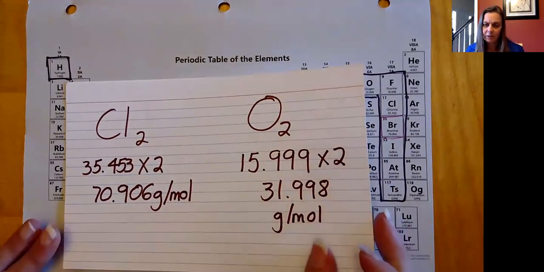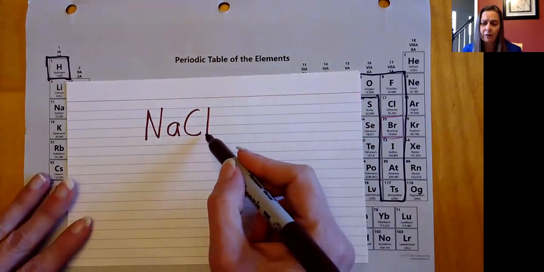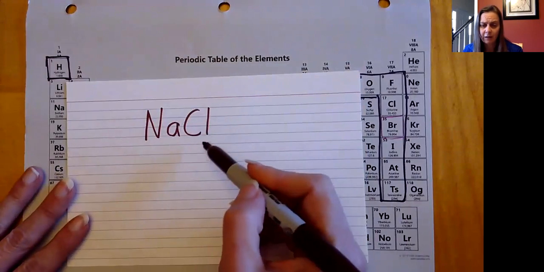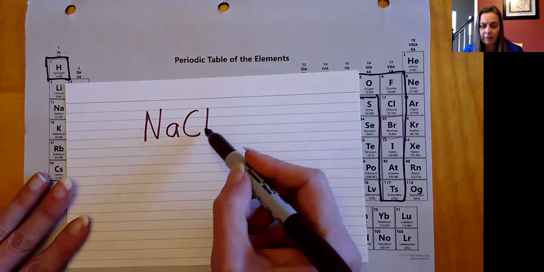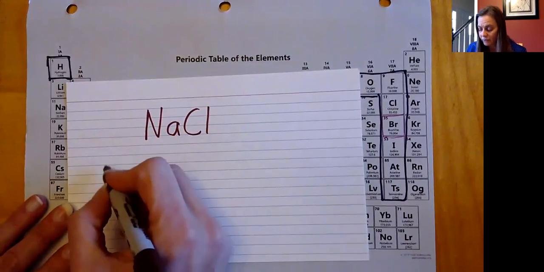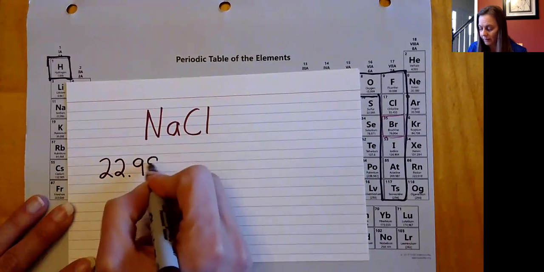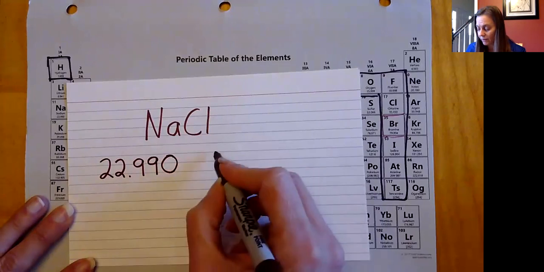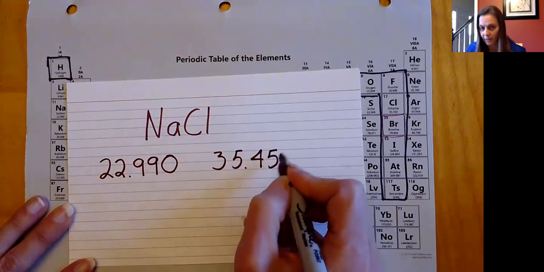Okay, just a couple more examples. So if we're asked to find the molar mass of sodium chloride, now we're finding the molar mass of a compound. So we're going to add up the masses of the individual elements. So we find the mass of sodium, which is 22.990, and the mass of chlorine, which is 35.453.